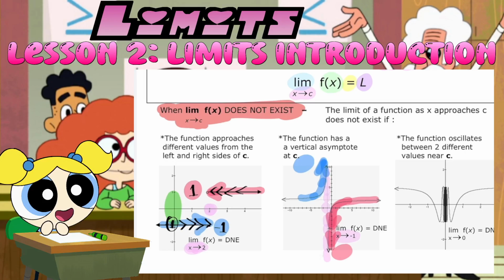As a y value, where's my y value going as x is getting closer and closer to the x value of -1? I'm following the roller coaster track. And where am I going? Well, here my y value is approaching infinity. Here my y value is approaching -infinity. So not only are they not in agreement, they're not numbers. They're not numerical values. This limit does not exist.